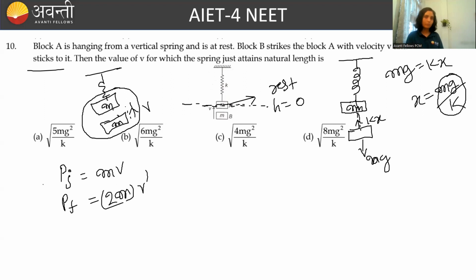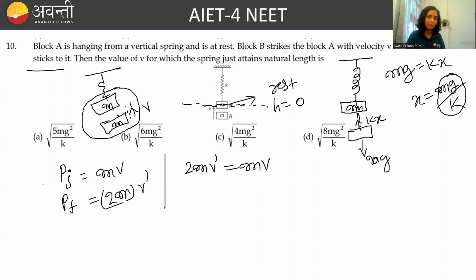Since there is no external force as such acting during this collision, the momentum will be conserved, and 2m v dash will be equal to mv.